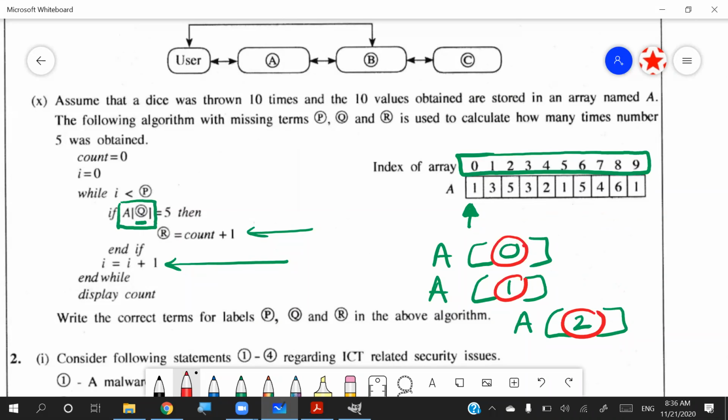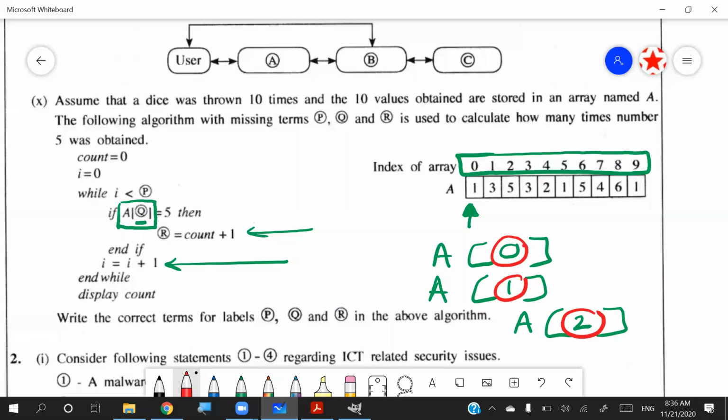So Q is something which increases 1 by 1, and that Q is not going to be count. It's going to be I, because I is the one which starts from 0, and that I is increased 1 by 1 right after the if condition.